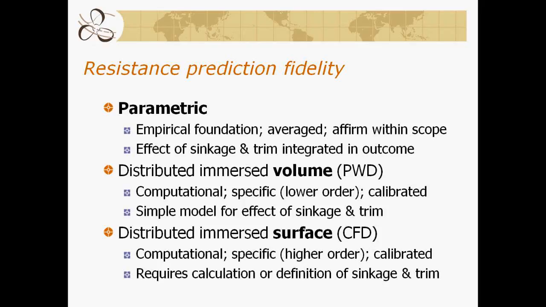So there still is a scope associated with a calibrated method, because you can only extend its scope to those empirical studies which have proven its fidelity. It includes a simple model for the effect of sinkage and trim within the distributed immersed volume method itself.